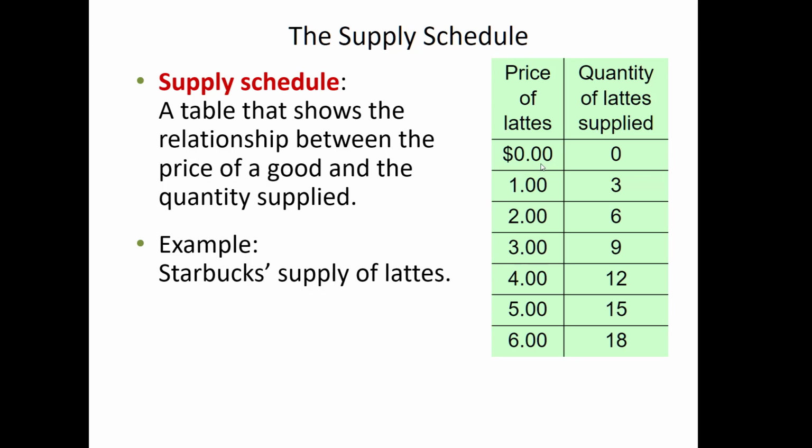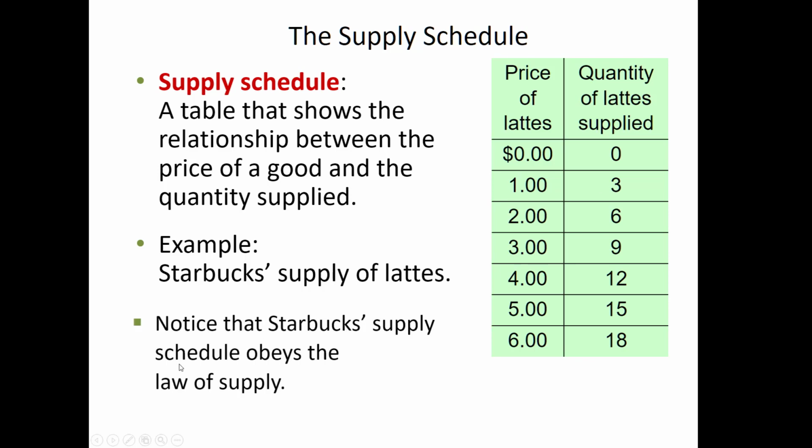Note that, again, we're talking about hypothetical prices. Here, there are 7 hypothetical prices from 0 to 6. We only see one price in the market, but anyway, the supply curve is defined for each hypothetical price. If hypothetically the price were 1, the quantity Starbucks will be willing to supply is 3.